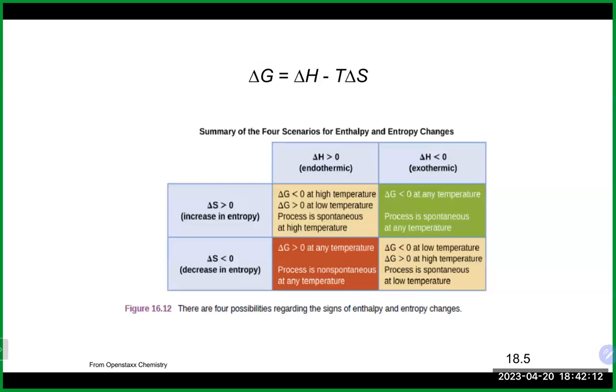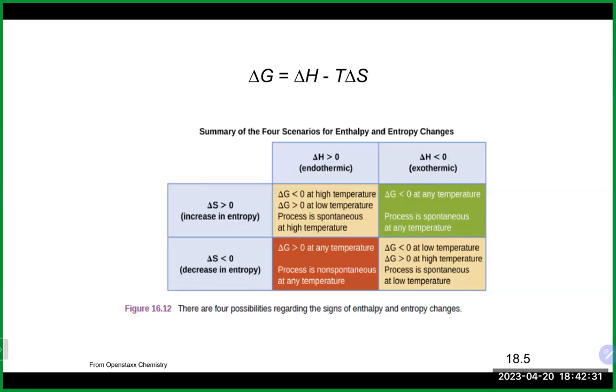If we look at this equation, depending on the temperature and signs that we see for delta H or delta S, we can make a pretty good prediction as to whether or not this reaction will be spontaneous or non-spontaneous under those conditions.